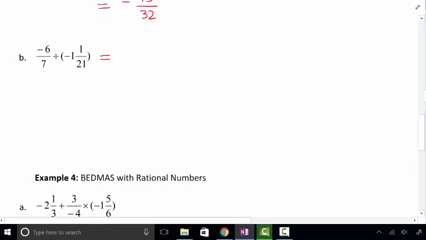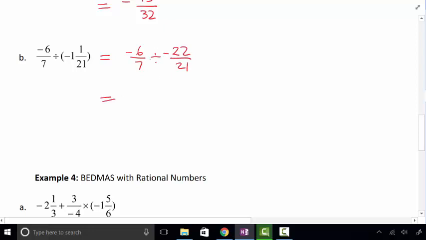Alright, so in this case, again, when you're multiplying or dividing fractions, you do need to change everything to improper fractions. So let's do that. Negative 6 over 7 divided by, here it's going to be 1 times 21, which is 21, plus 1, which is 22. So 22 over 21, but it is a negative, so it's a negative.